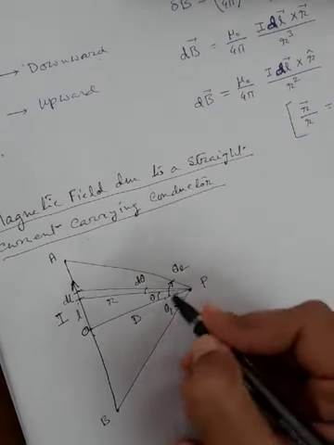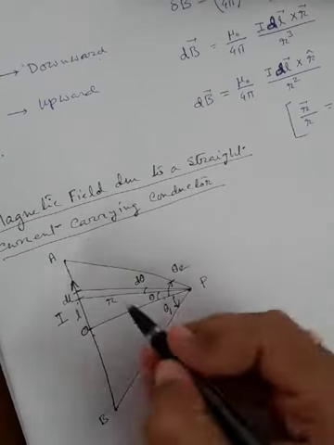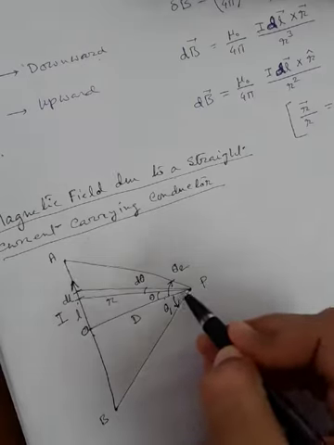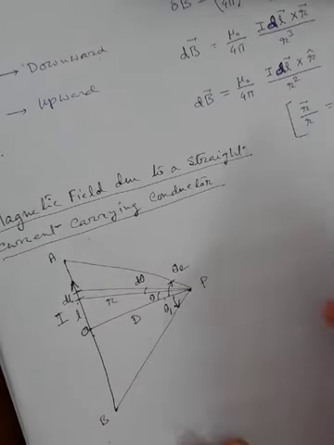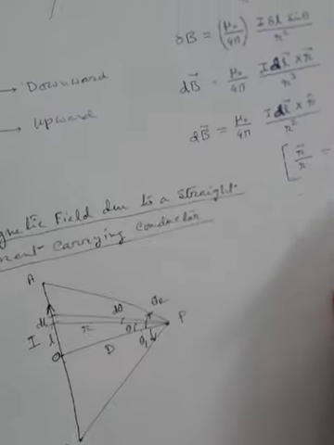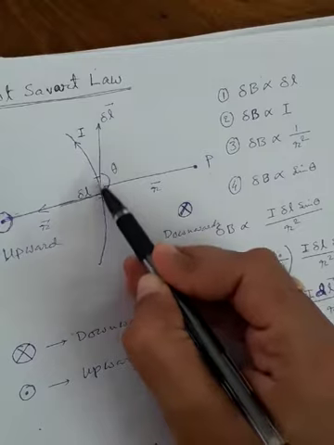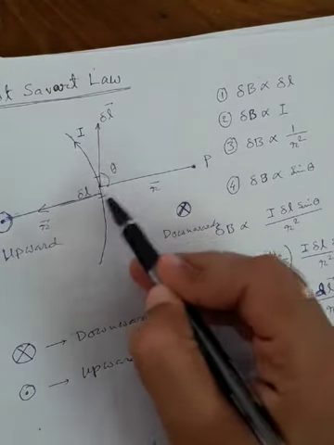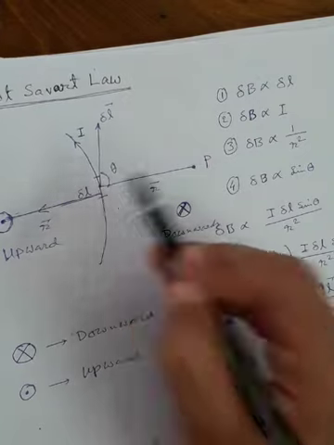And look at here, the angle made by this R vector, if we denote this in vector notation according to the previous case of Biot-Savart law, like this. This is delta L and this is vector R, and this angle is theta.